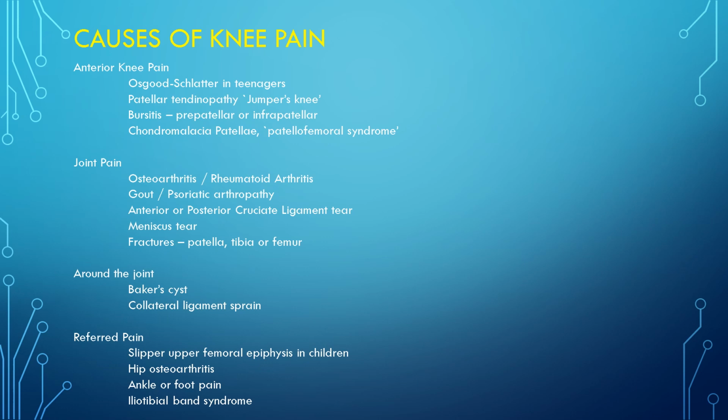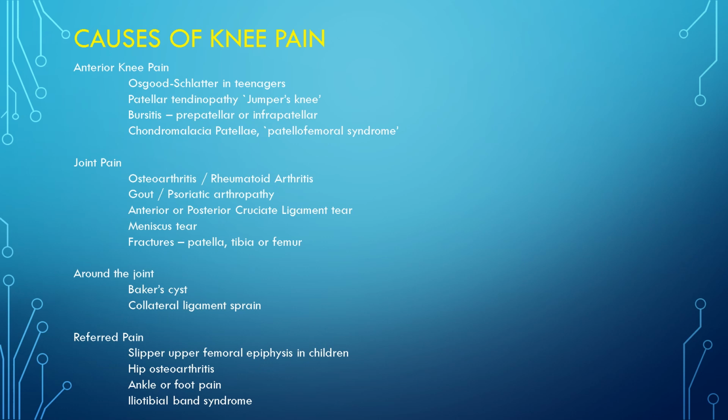I already mentioned bursitis, and more a diagnosis of exclusion, once you've excluded other causes of anterior knee pain, chondromalacia patella, now called patellofemoral syndrome. This can be the beginnings of osteoarthritis. Also young women are more prone to patellofemoral syndrome.